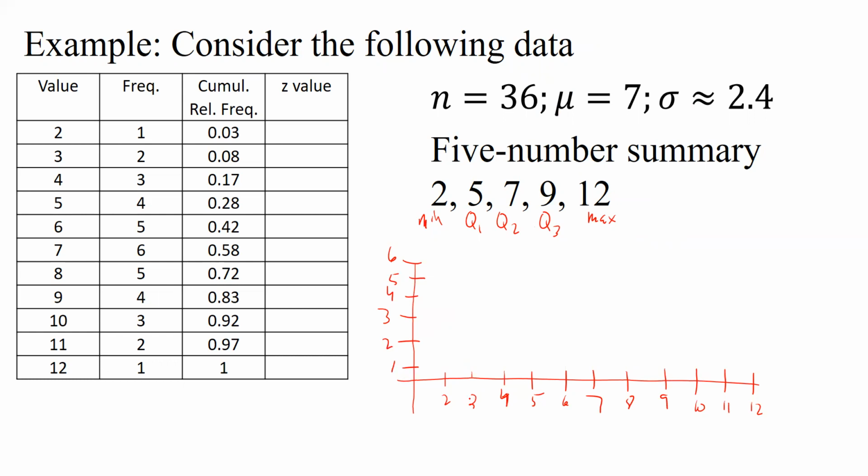All right. So remember, when you make this histogram, the bars have to touch, and the number should be at the midpoint. So that bar looks like that. 3 is 2. 4 is 3. 5 is 4. 6 is 5. 7 is 6.